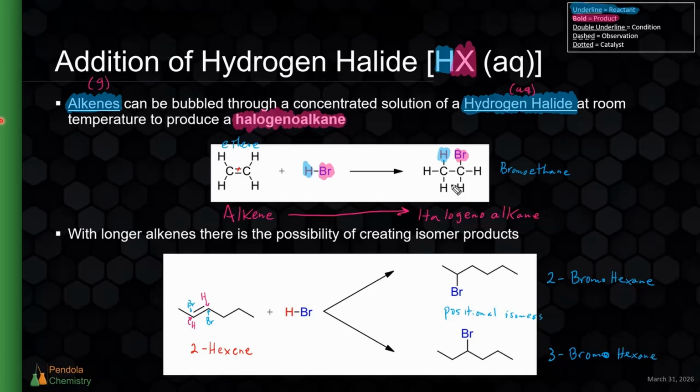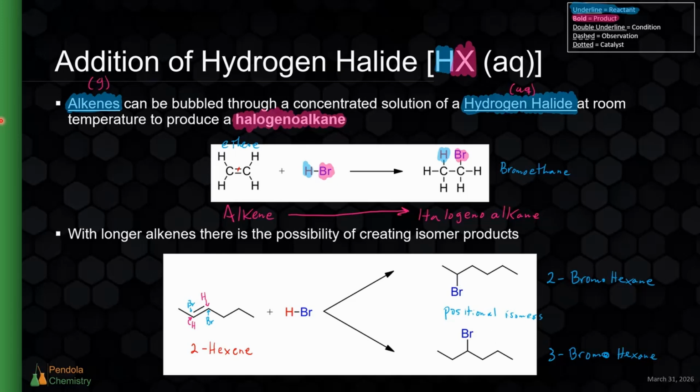It wouldn't change. But because we have a longer chain compound, the hexene here, we can have positional isomers being created from this reaction. Anytime we have an addition reaction where the additive, the small molecule being added, has two different atoms, we are going to get positional isomers as products.